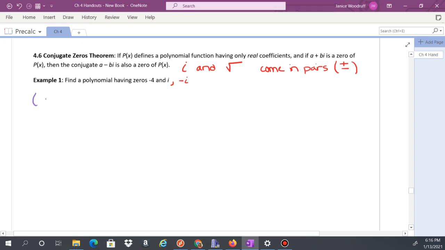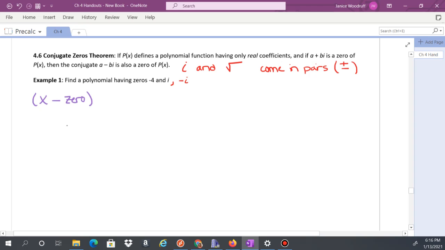You are going to go x minus c, and I'm just going to put here c because I think that's the definition we use here, meaning your factor. I'll just put 0 in parentheses. Okay, so they give you the zeros, and you go x minus that zero.